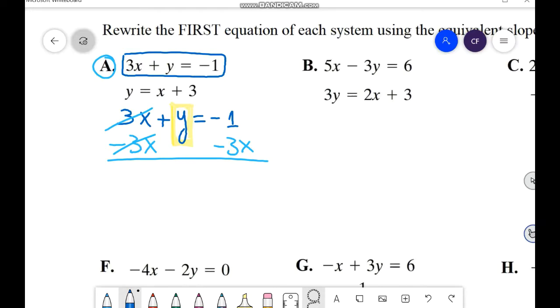You keep y on the left-hand side and you will have negative 3x minus 1. This is the answer for letter A. That's what we will do in all the other questions: get the first equation and make it look like the slope-intercept form by isolating y on the left-hand side.